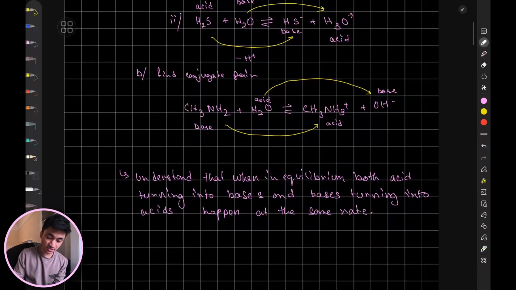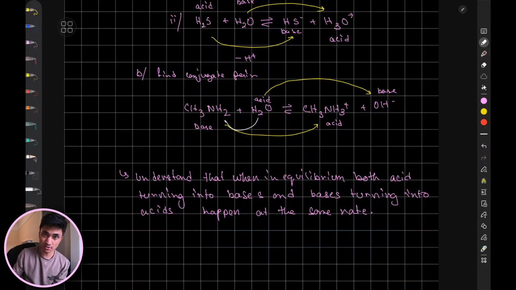Over here, what's the conjugate pair going to be? You have a base over here, and then you have an acid over here. Why are they base and acid? Because H2O is going to be donating one H+, and it is going to donate to this base, and it forms CH3NH3+. So one H is added over here.